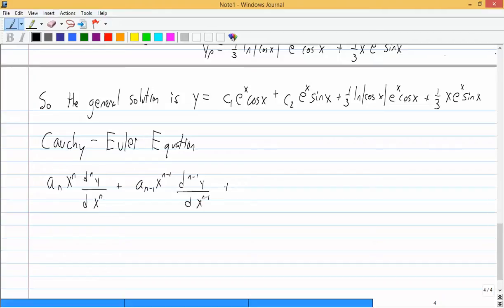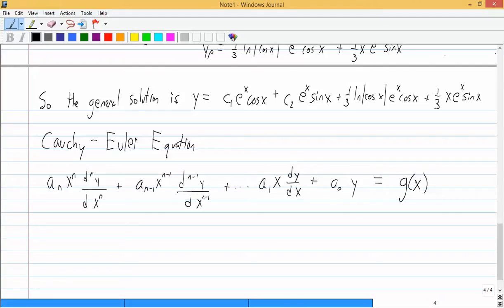And that would keep going on and on until eventually you get to the point where you just have a sub 1 times x dy dx plus a sub 0 times y equals some g of x. So this is just the general form of a linear differential equation of nth order. Nothing really magical going on there.